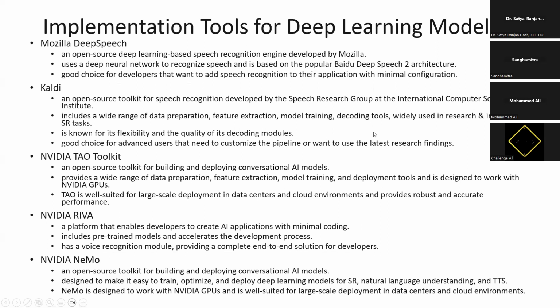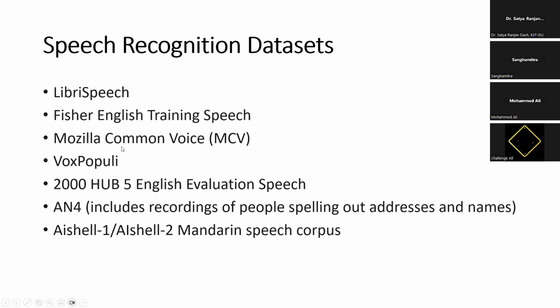Although it is not a very recent one, deep learning can also be incorporated into the Kaldi toolkit. All the different steps of data preparation, feature extraction, training models, etc., can be carried out using Kaldi. These are some datasets which are popularly used for speech recognition tasks.